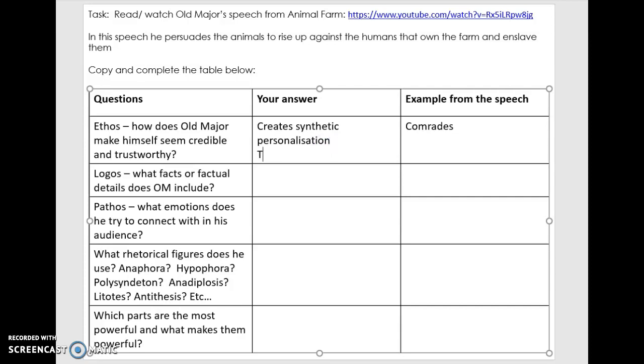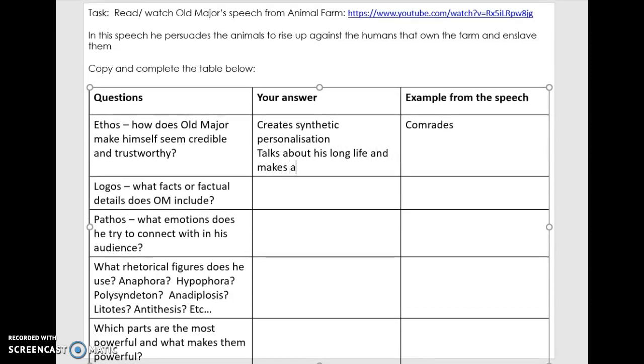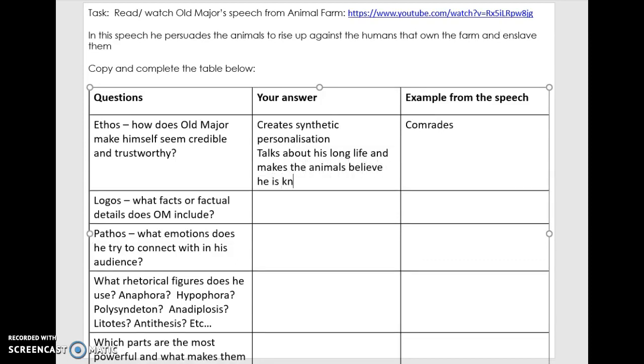Also, he talks about his long life and makes the animals believe he is knowledgeable. And obviously in there we can put the reference to the word wisdom that he mentions.